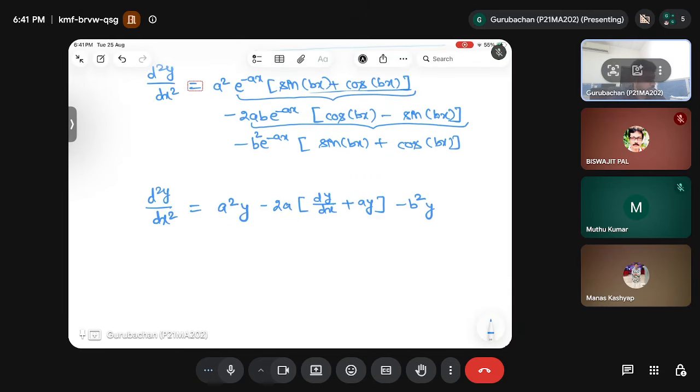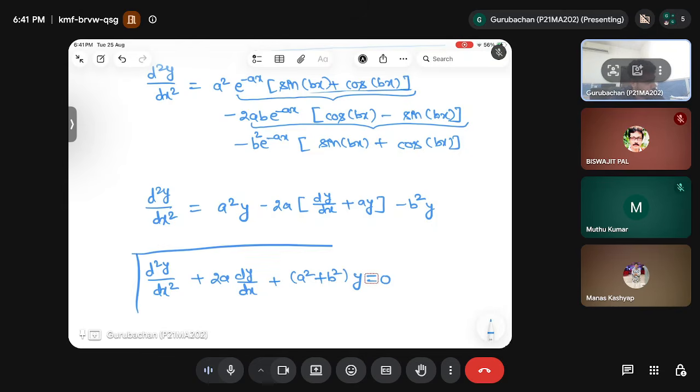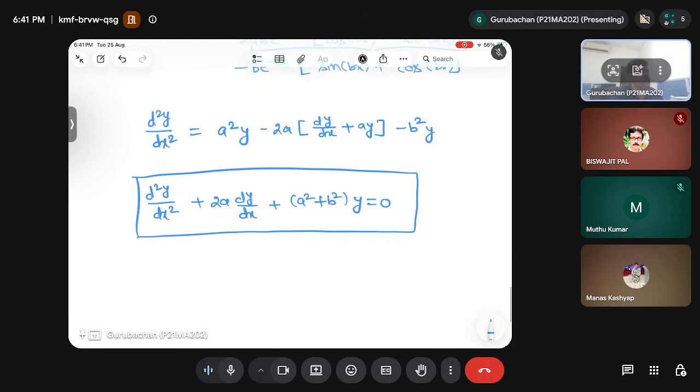Any problem? So when you rewrite it, you will get d2y by dx square plus 2a dy by dx plus (a square plus b square) y equals 0. So this is the differential equation that we can at most get. Is it clear?